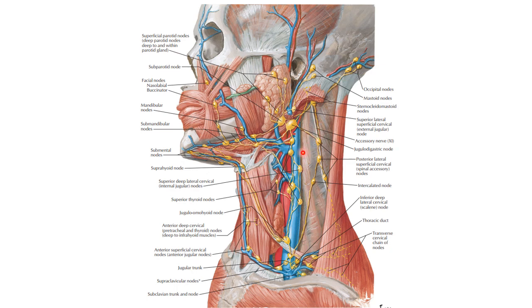The lymphatic system is there to reabsorb the excess interstitial fluid. And whenever there is a pathologic process, for example, an infection, that interstitial fluid will be filled with debris, and it will be filled with bacteria and even white blood cells.